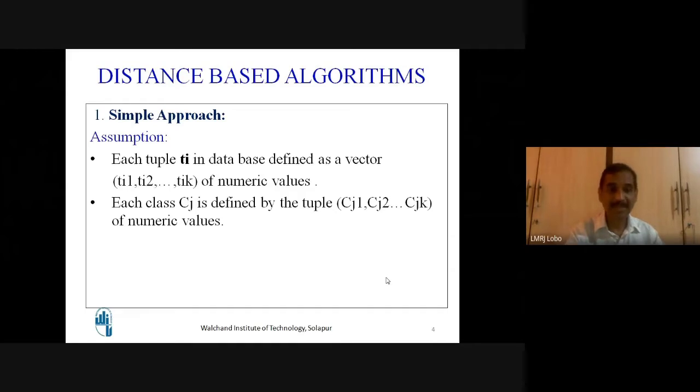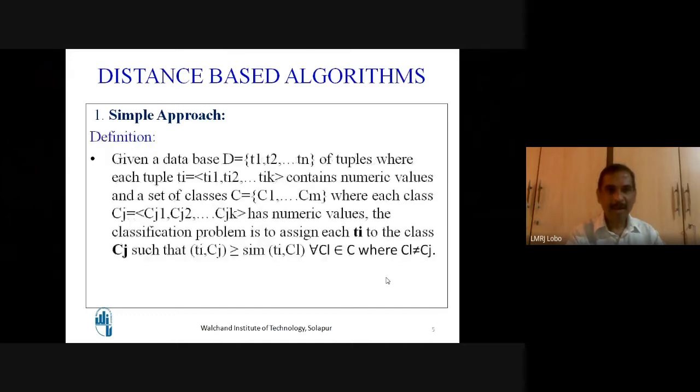Here we are considering simple numeric values only. These data items are going to be tested for their values to be put into different classes.